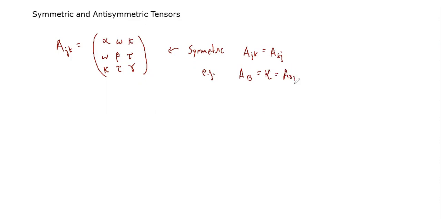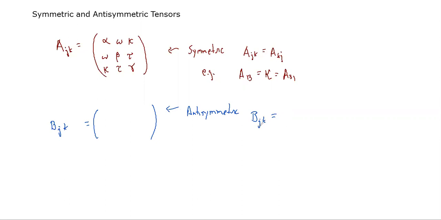And we can also have antisymmetric tensors. What's true about antisymmetric tensors? There are actually a couple of things you could say. So I think we should start with the definition.